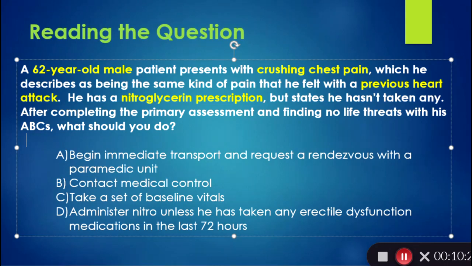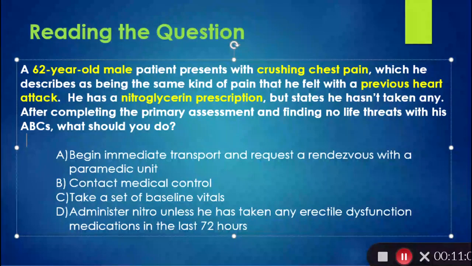So that one is viable. Okay. C, take a set of baseline vitals. That needs to be done. Okay. And then D is administer nitro unless he's taken any erectile dysfunction medications in the last 72 hours. Okay, so a couple of these are dealing with the nitro. And I would agree that nitro is going to be a good treatment for him if it's not going to harm him.